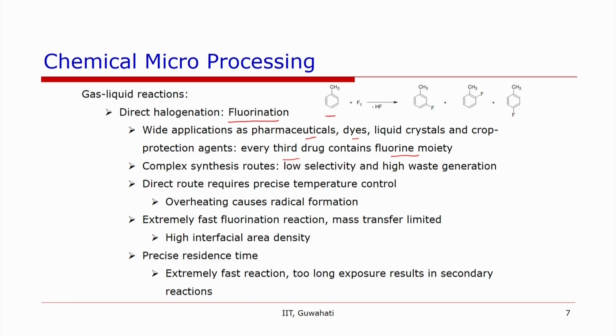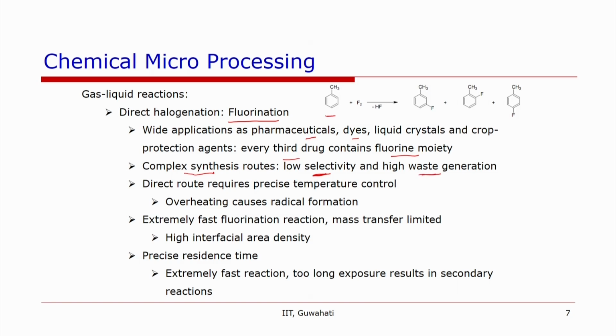In general, the synthesis routes of these fluorine compounds are complex. There is no direct synthesis route, and as a result the selectivity of these routes is low, and the amount of material that is wasted is quite high.